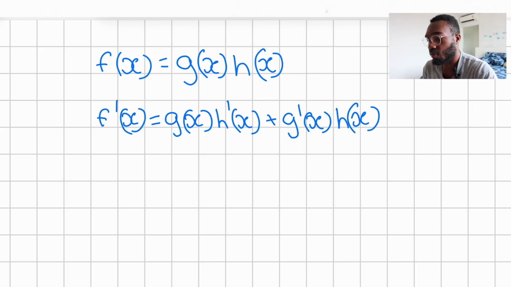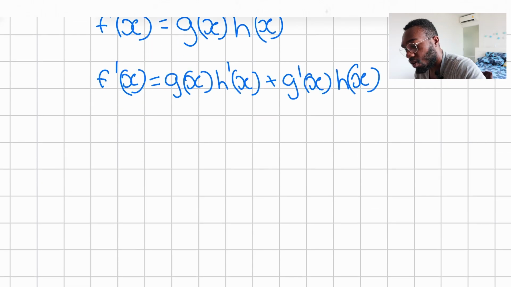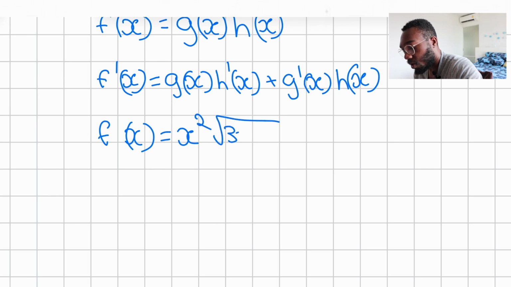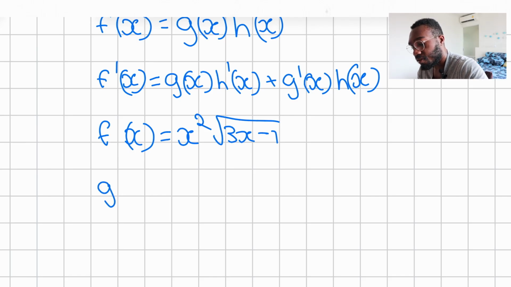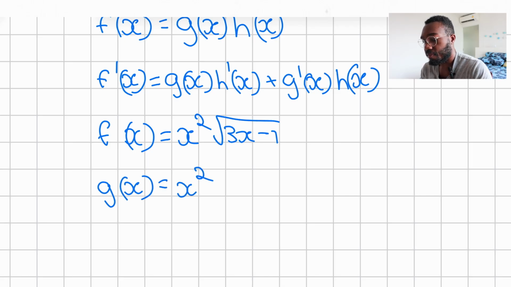Well, if we look at this example, let's say we have f of x is x squared, all times by the square root of 3x minus 1. In this case, we can make g of x be x squared, and then we can make h of x equal that square root of 3x minus 1.